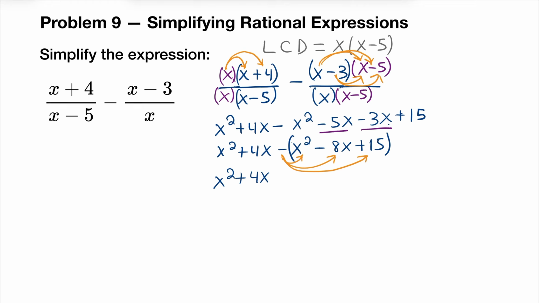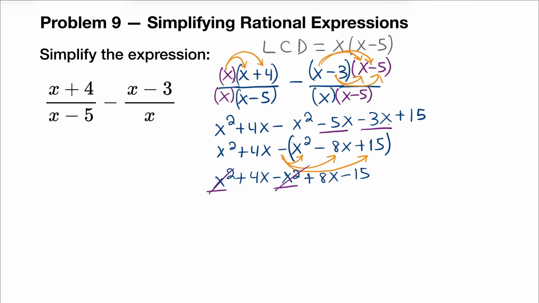So positive x squared becomes negative x squared. And then we have negative 8x becomes positive 8x. And positive 15 becomes negative 15. All right, and so the next thing to do is to combine like terms. We have x squared, we have negative x squared. Well, they cancel out because it's just 0, so no worries there.